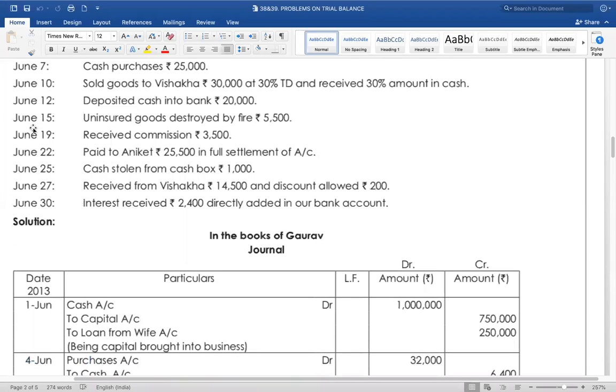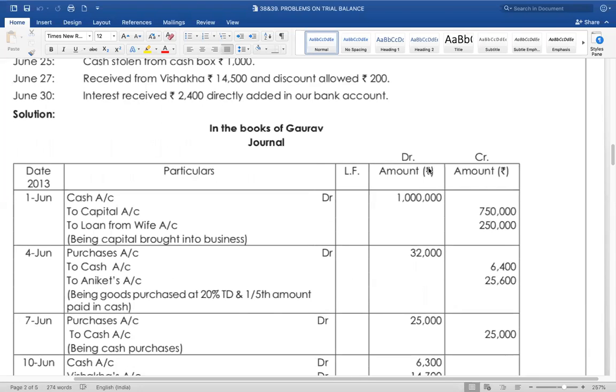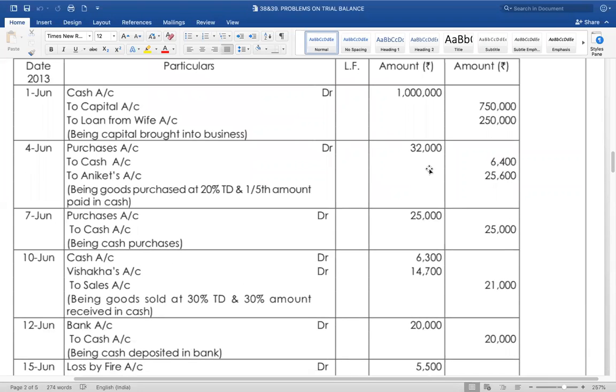Sold goods on the 10th, 30,000, and 30% is in cash. 30% of 30,000, 30,000 into 0.3, is 9,000. 9,000 is deducted from 30,000 and 9,000 is cash.